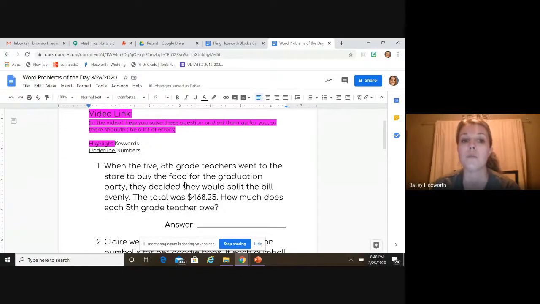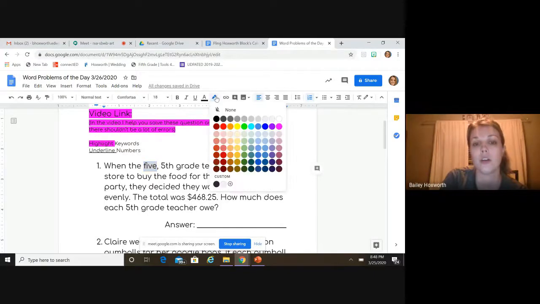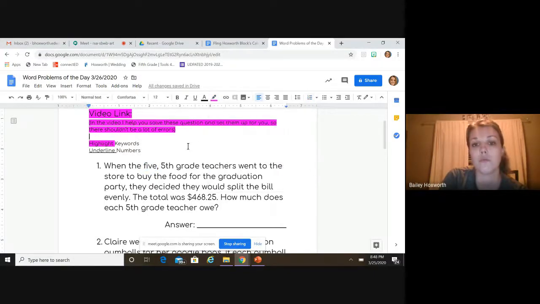So the first word problem. When the 5 fifth grade teachers went to the store to buy food for the graduation party, they decided they would split the bill evenly.